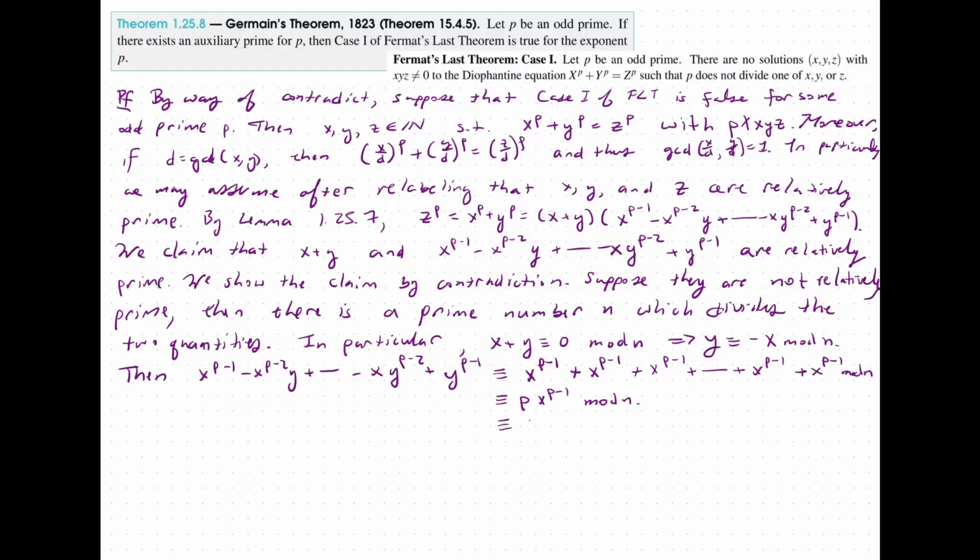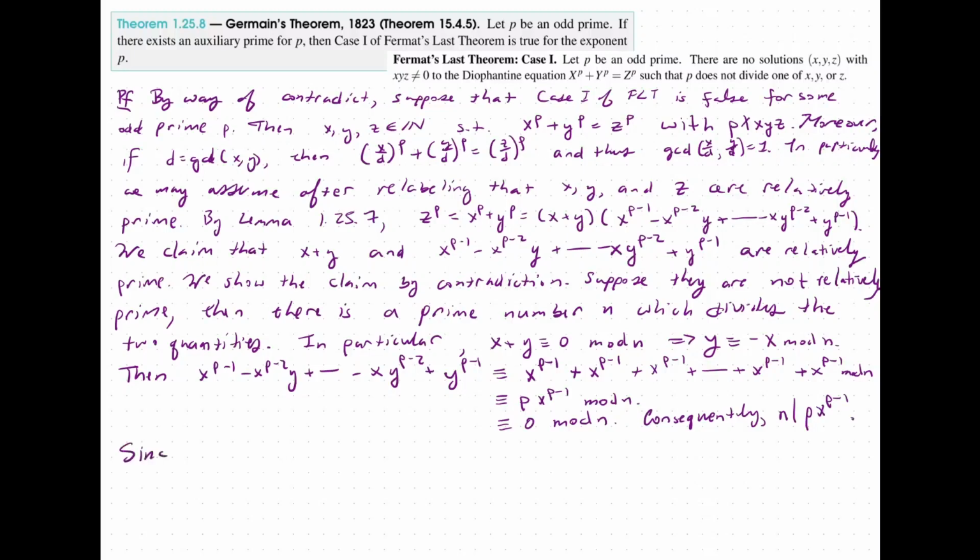So this is also congruent to 0 mod n. So consequently, we have that n divides p to the p times x to the p minus 1. So we have n divides p times x to the p minus 1.